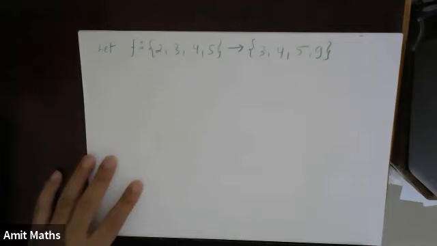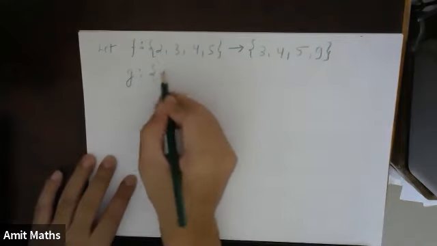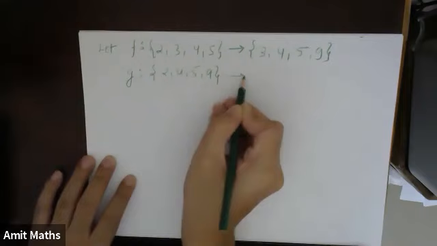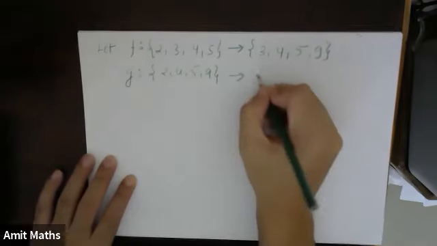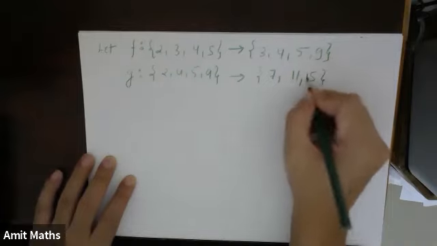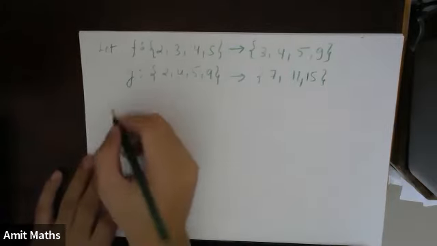Okay, and g is from set 2, 4, 5, 9 to 7, 11 and 15. Let it be a function defined as follows.